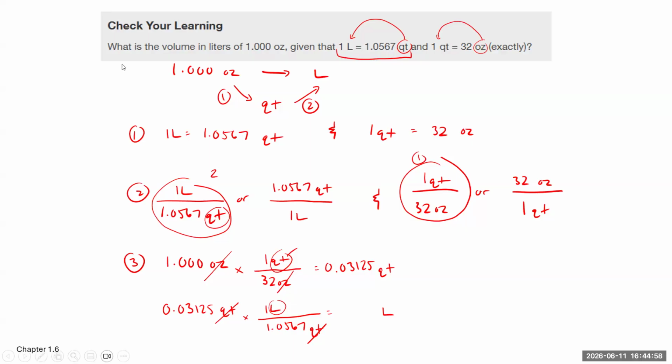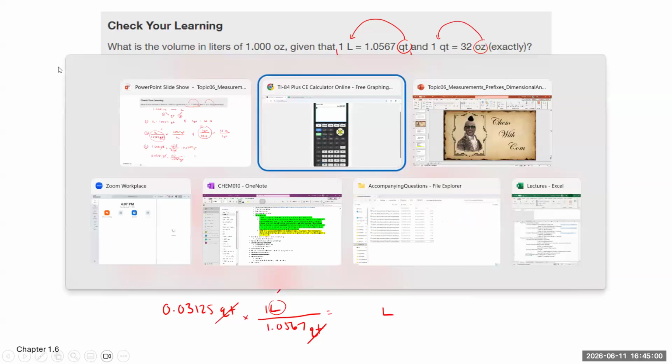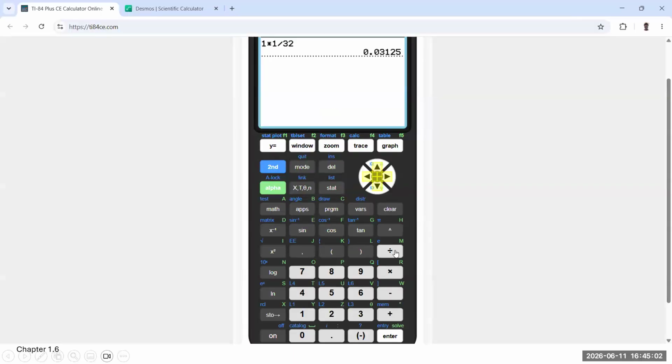So we're going to divide by 1.0567, and I got 0.02957.